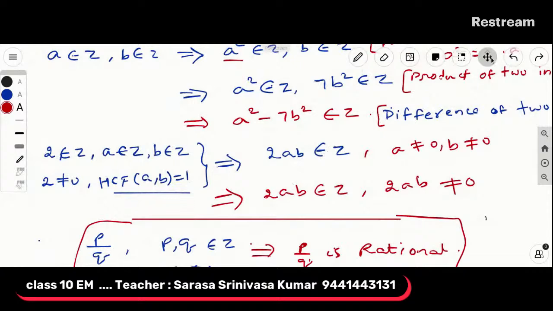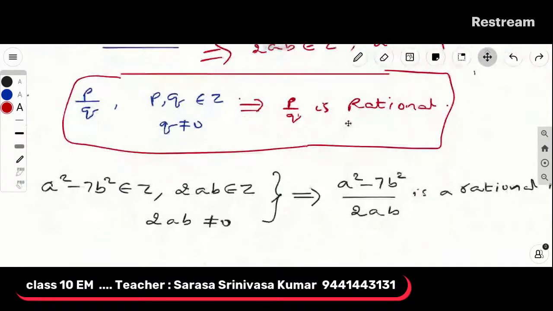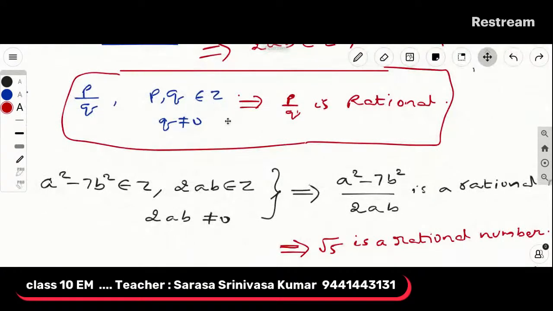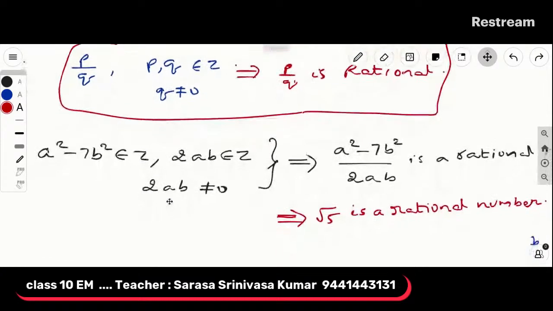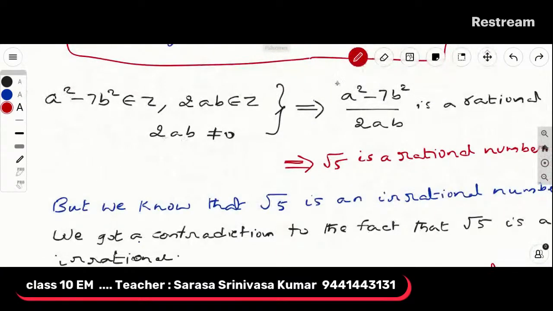So this is of the form p by q, where p and q are integers and q is not equal to 0. Hence, p by q is a rational number. Using the definition of a rational number, we can say that (a square minus 7b square) by 2ab is a rational number. If this is a rational number, then the left hand side number, square root of 5, must be a rational number. This is what we have got.